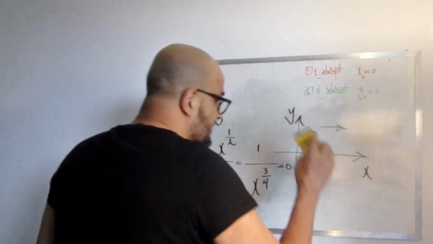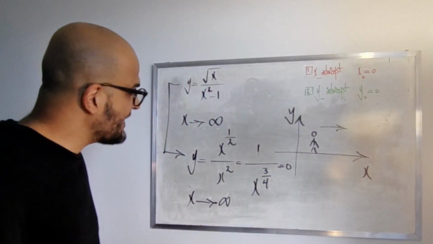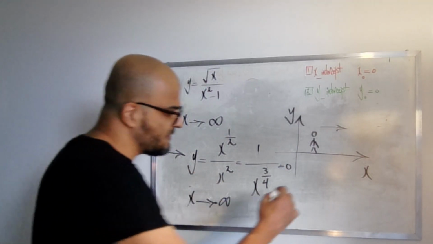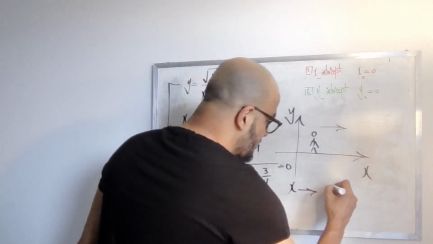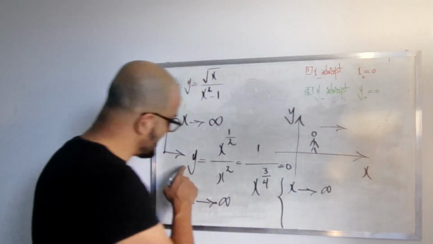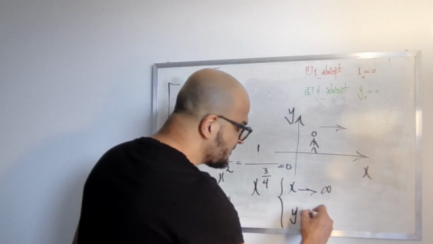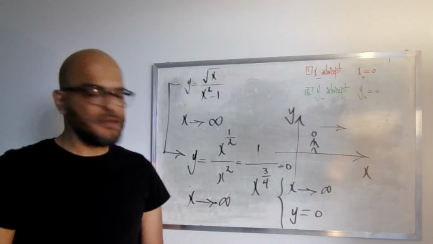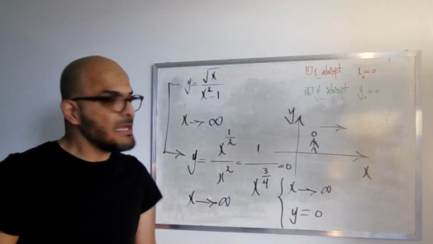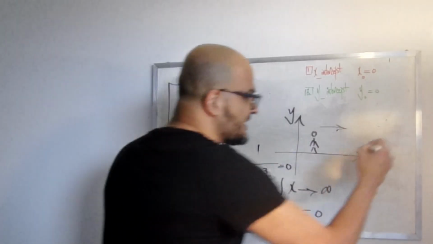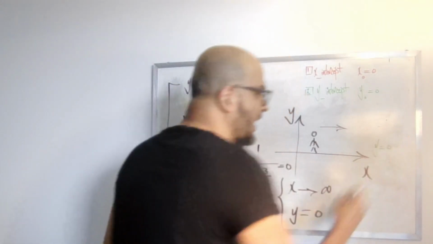Then as a result, for this function, the horizontal asymptote is this one. We got that when x goes to infinity, I'm going to write it like that, y equal to 0 becomes the horizontal asymptote. And you ask yourself, what is y equal to 0? If you go to the Cartesian plane, you see that the equation for the x-axis is y equal to 0.